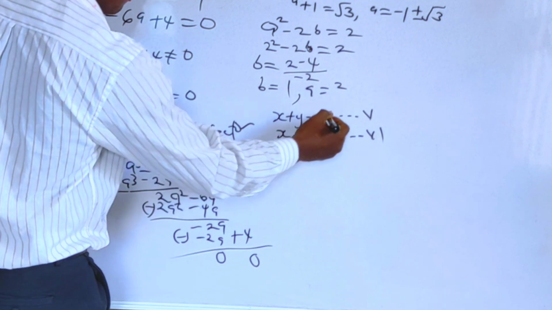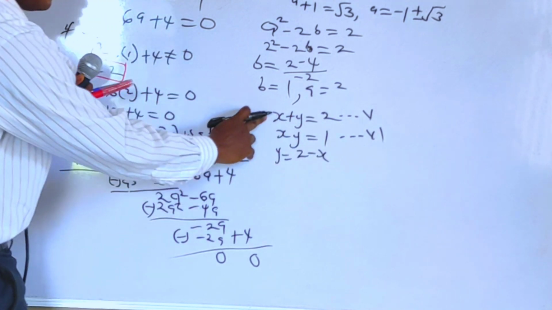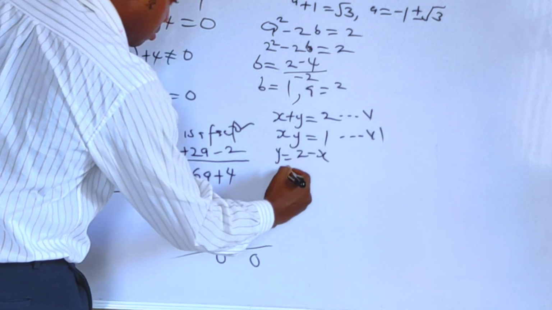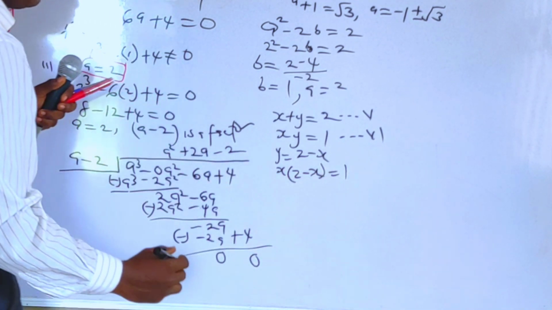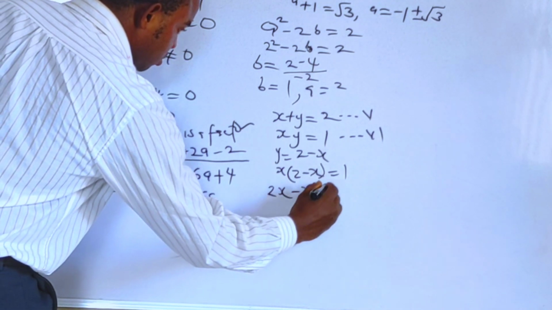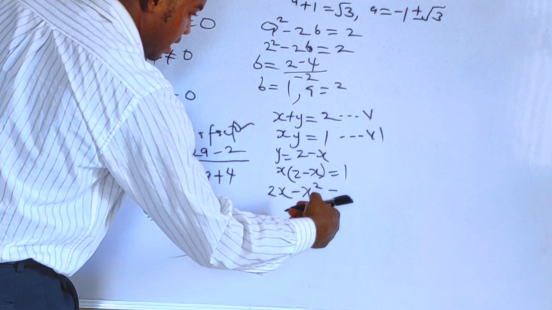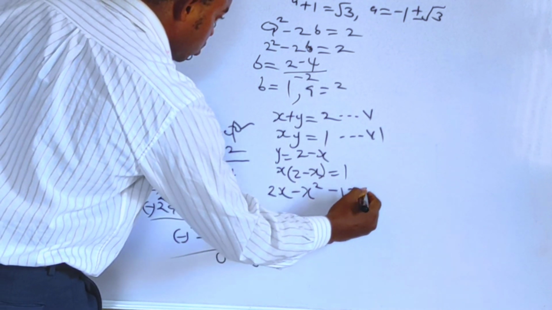So from 5, y is equal to 2 minus x when we subtract x from both sides of the equation. And when we put this here, we have x into bracket 2 minus x is equal to 1. Opening this bracket, we have 2x minus x squared is equal to 1, let me bring this on the other side, so 1 minus 1 is equal to 0.